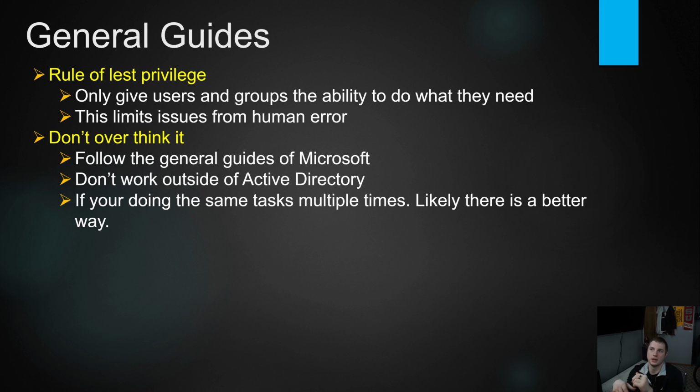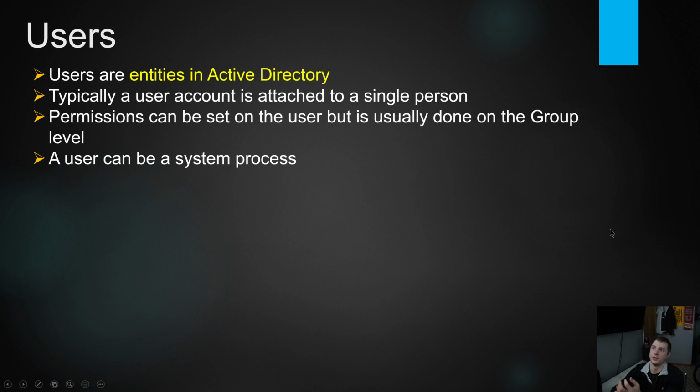It is very easy to do that with users and groups just because there's inheritance involved, which we'll talk about here in a few minutes. But in general, just follow the Microsoft guidelines. Make sure you're setting your permissions to the group, and then your users inside of that group are inheriting those permissions.